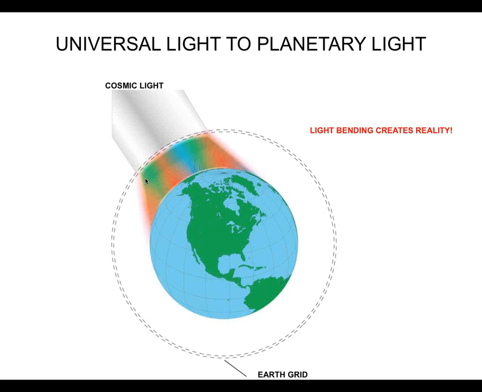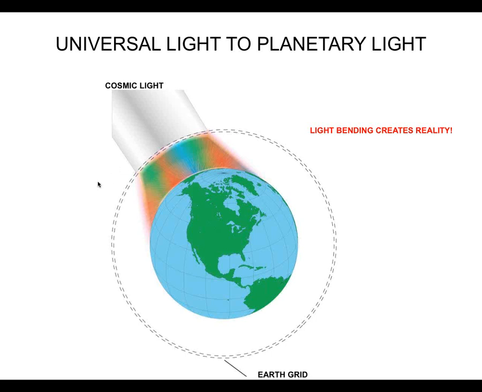And when it enters the Earth plane, it changes colors, because the wavelength of the cosmic light changes. So as the cosmic light enters the Earth grid, and the wavelength changes, the color becomes different.